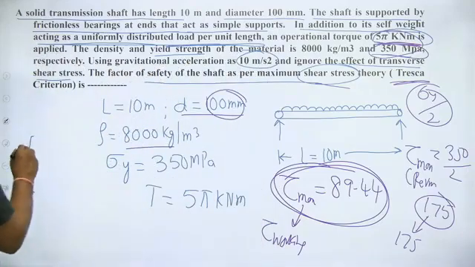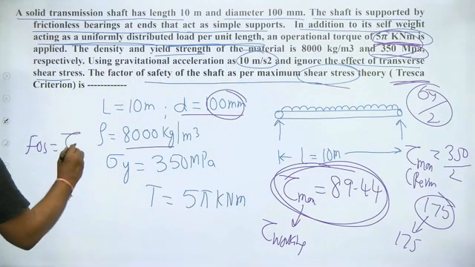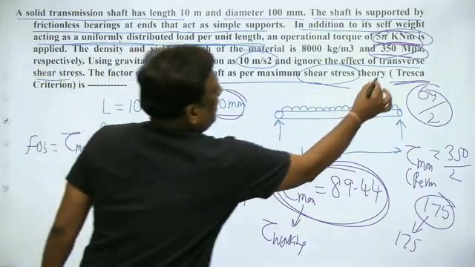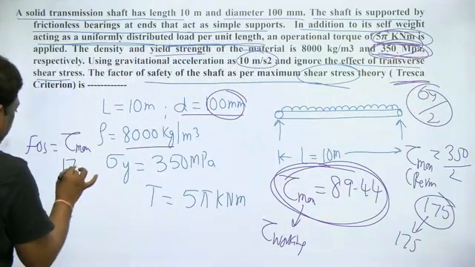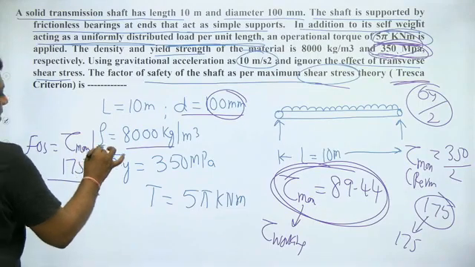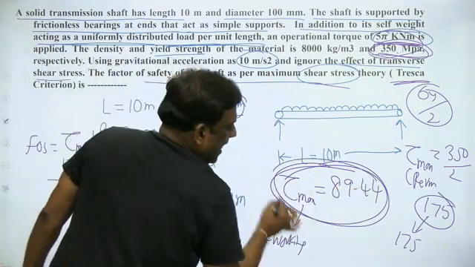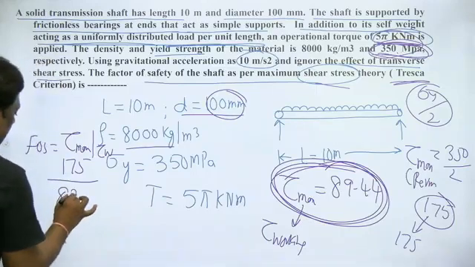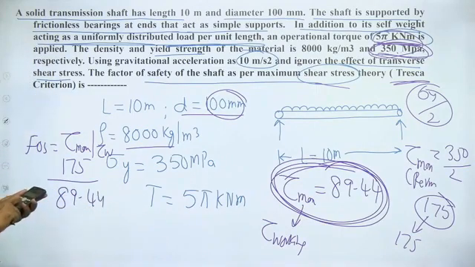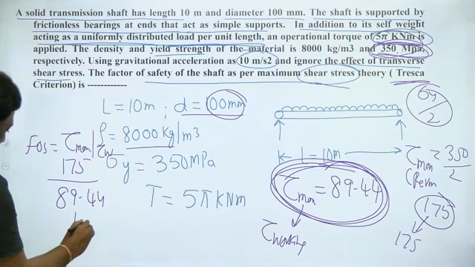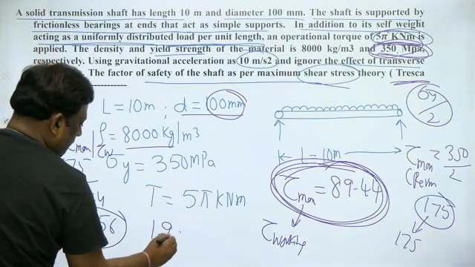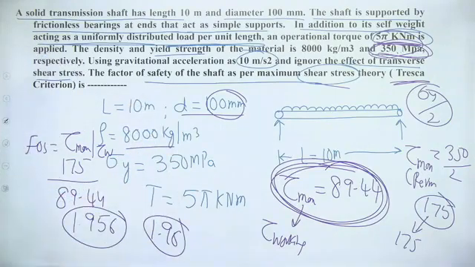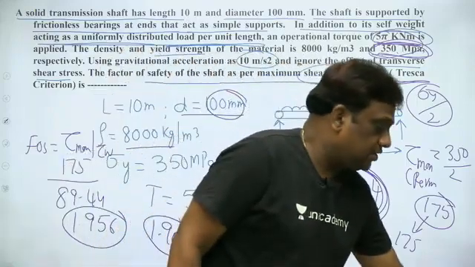So the factor of safety is the maximum permissible, from yield, sigma y by 2 as 175, divided by the working stress we got from the actual loaded conditions, 89.44. If you calculate this value, I'm getting 1.956, or if I round it off, 1.96, is the factor of safety according to maximum shear stress theory.